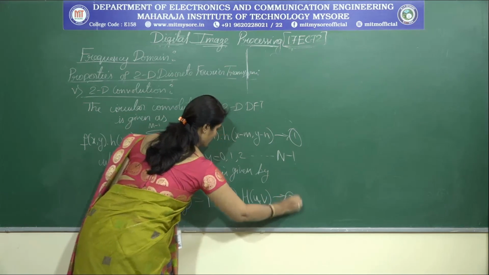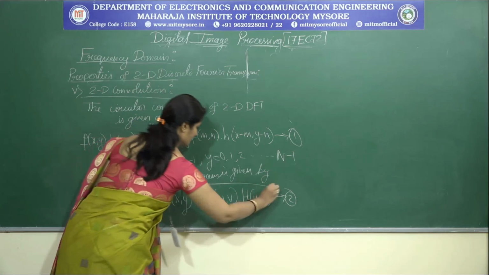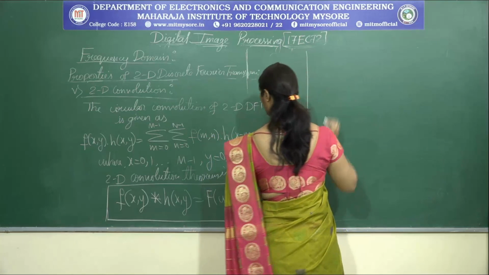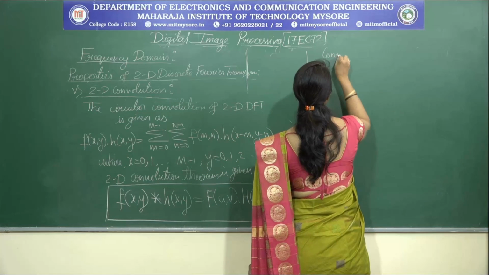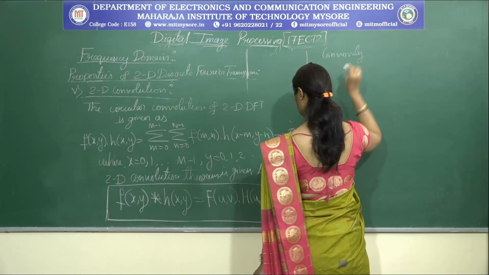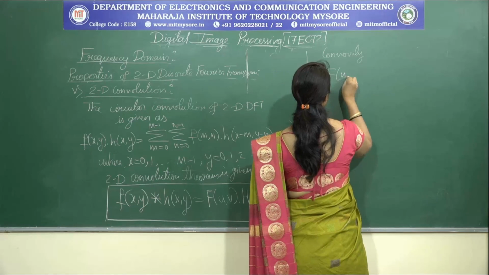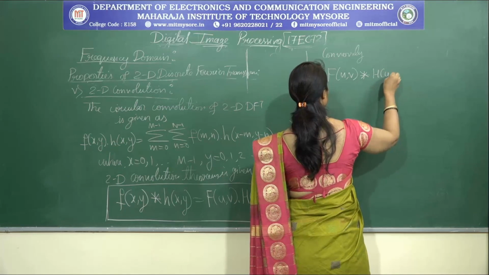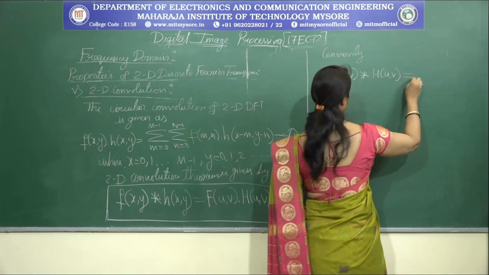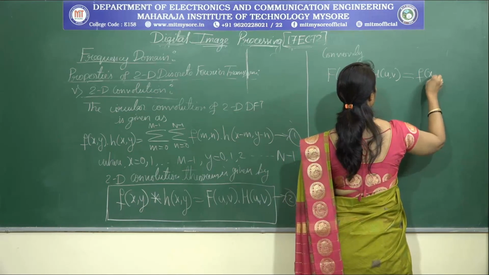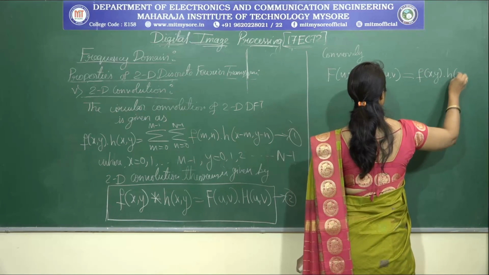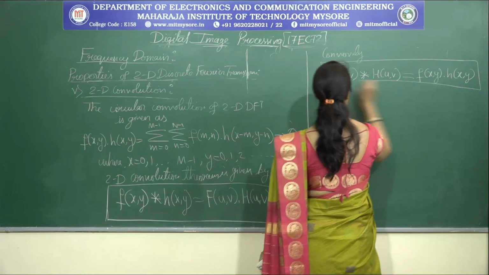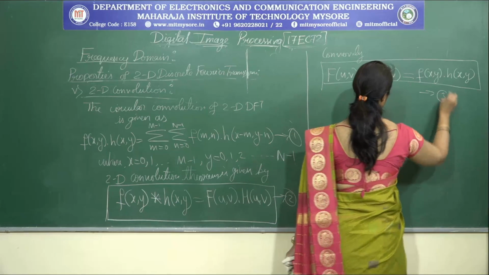This I call equation number 2. Conversely, f of u comma v convolved with h of u comma v is equal to f of x comma y into h of x comma y. This I call equation number 3.